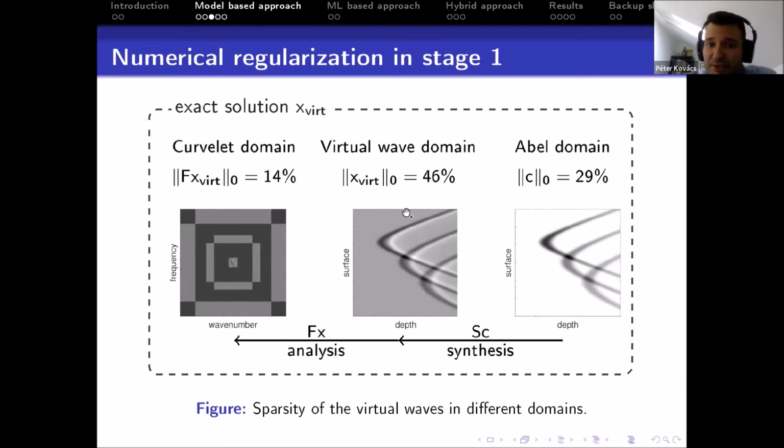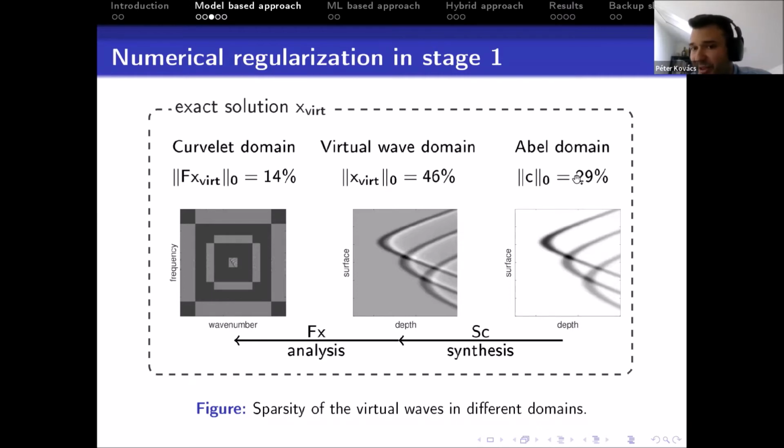You can see this image is sparse, but not very sparse, because approximately 50% of the image pixels are non-zero. By introducing some transformation using the synthesis and analysis methods, we can increase the sparsity. If we transform the virtual waves into the Abel domain by using the Abel transformation, then we can increase the sparsity.